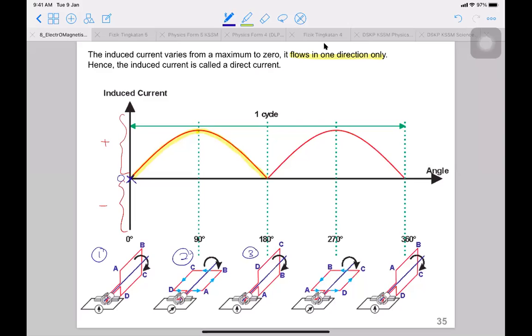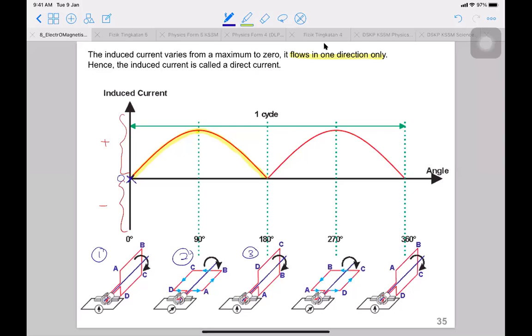In the vertical position, the slip rings are not in contact with the carbon brush and the commutator again. So the circuit is incomplete. No induced current is produced in the coil. So there will not be any reading or deflection on the galvanometer. So that's why it will become 0 again.